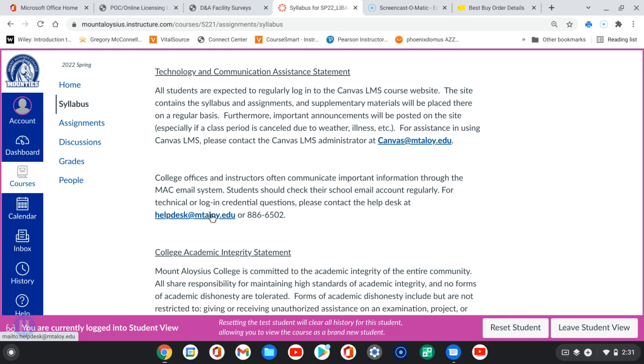If it is more of a technology issue, in other words a hardware or software issue, some issue with your phone not being able to connect, the help desk at mountalloy.edu or 886-6502 can help with that.